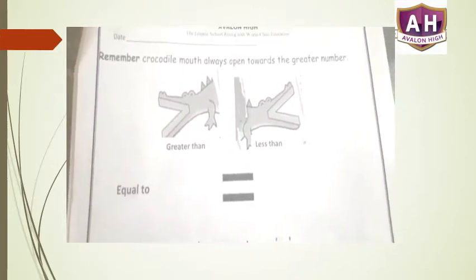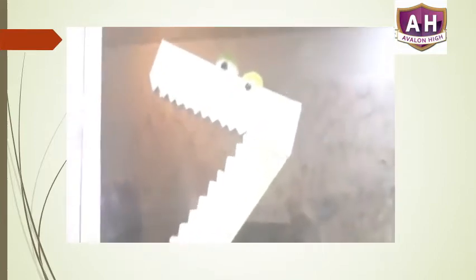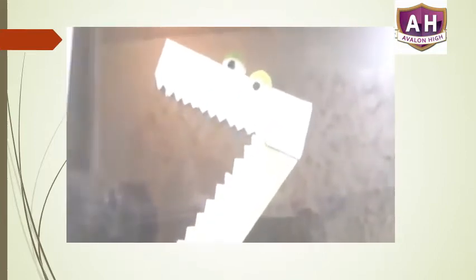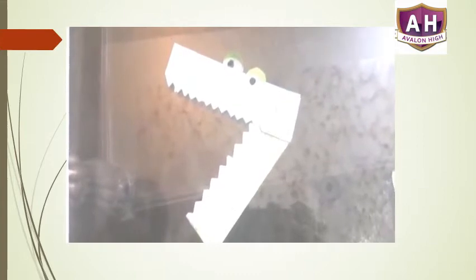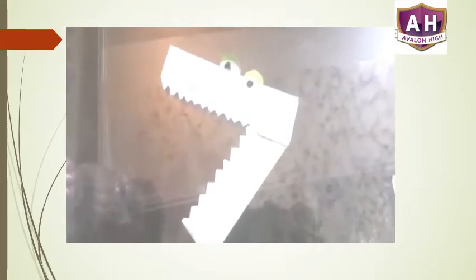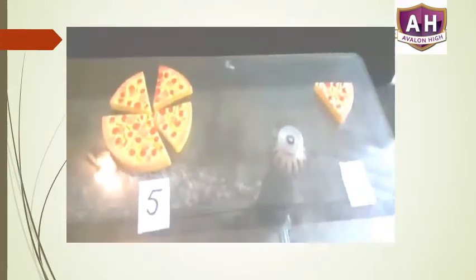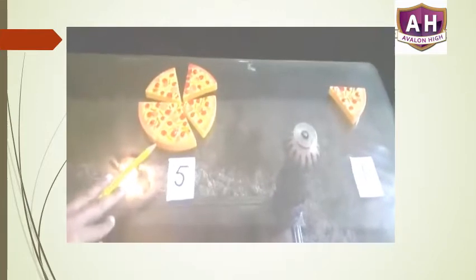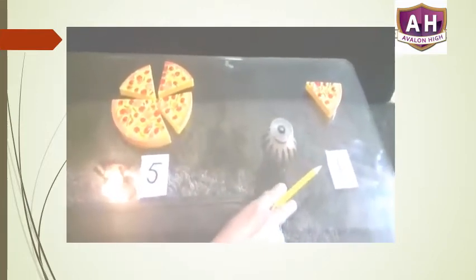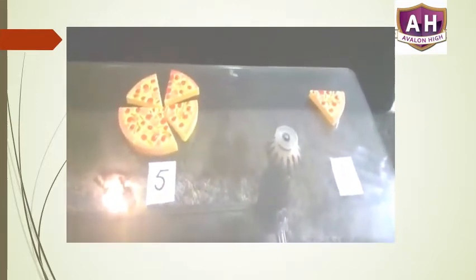Once upon a time, there lived a small alligator in a swamp. He was so hungry because all the fish died and animals had run away. Finally, he decided to go to a town where he saw a shop. At one side of the shop, there were 5 pieces of pizza, and at the other side, there was 1 piece of pizza.